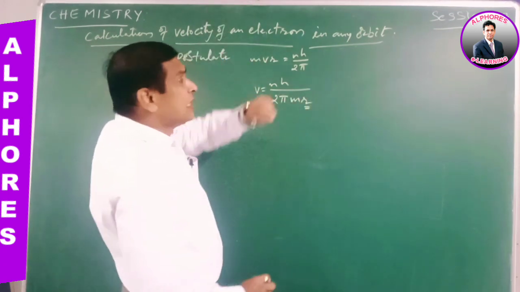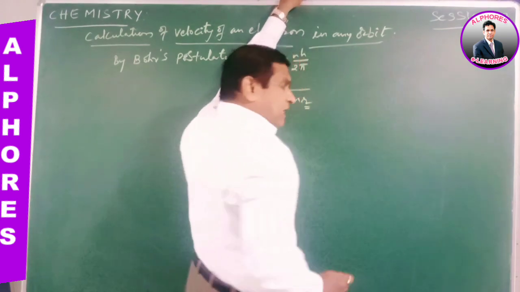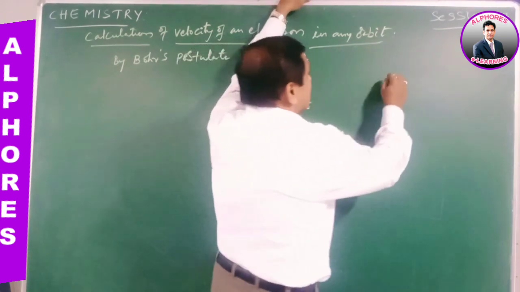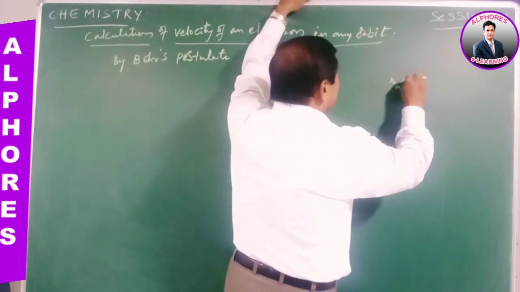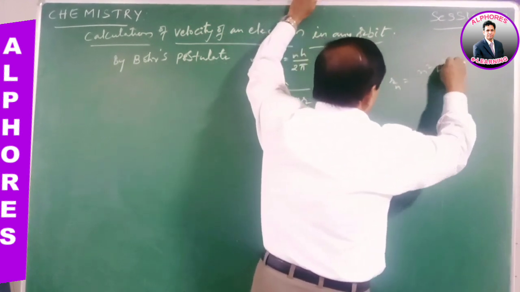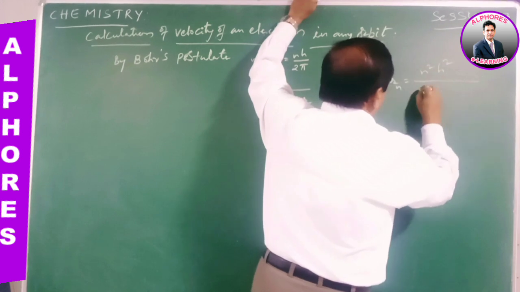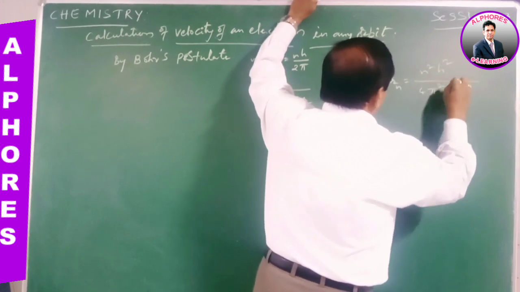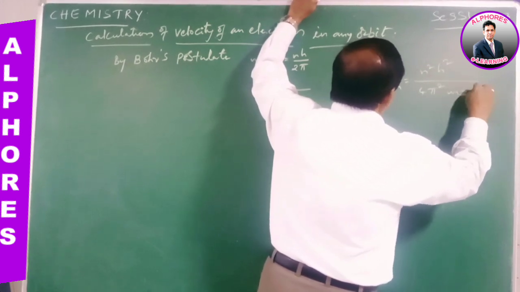How can we represent the radius of the nth orbit? The radius of the nth orbit is equal to n square h square by 4 pi square m z e square.